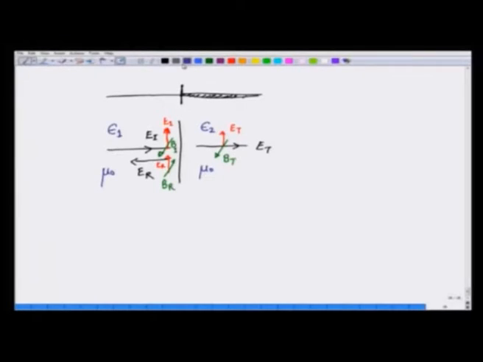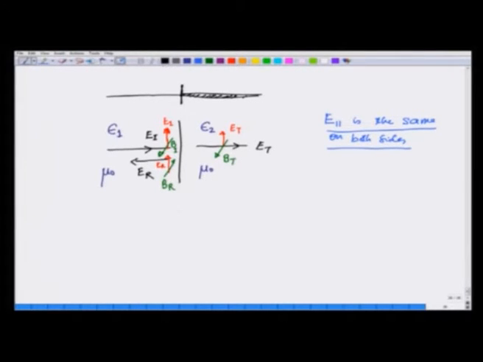The boundary conditions are E parallel is the same on both sides. This arises simply from Stokes' theorem as follows.